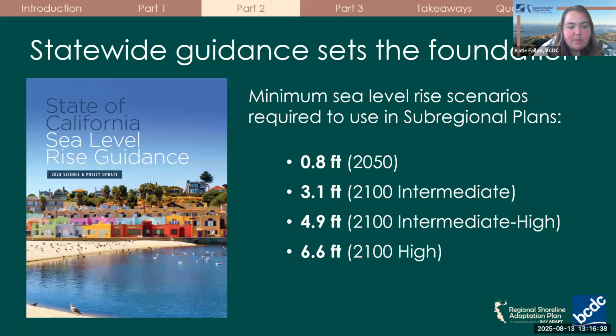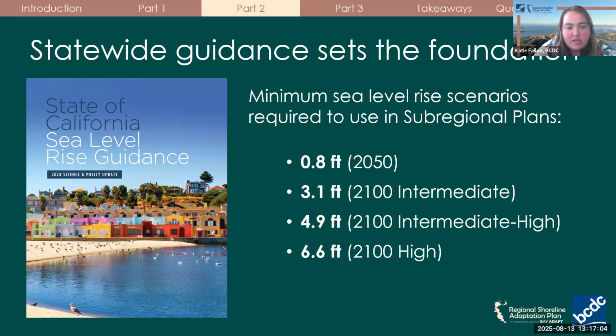This guidance, developed by the California Ocean Protection Council, is based on scientific findings from the Intergovernmental Panel on Climate Change's sixth assessment report, data from the National Oceanic and Atmospheric Administration, or NOAA, and California's fourth climate change assessment. It outlines projections under different emission scenarios and timeframes, providing planning benchmarks that ensure consistency and credibility across jurisdictions.